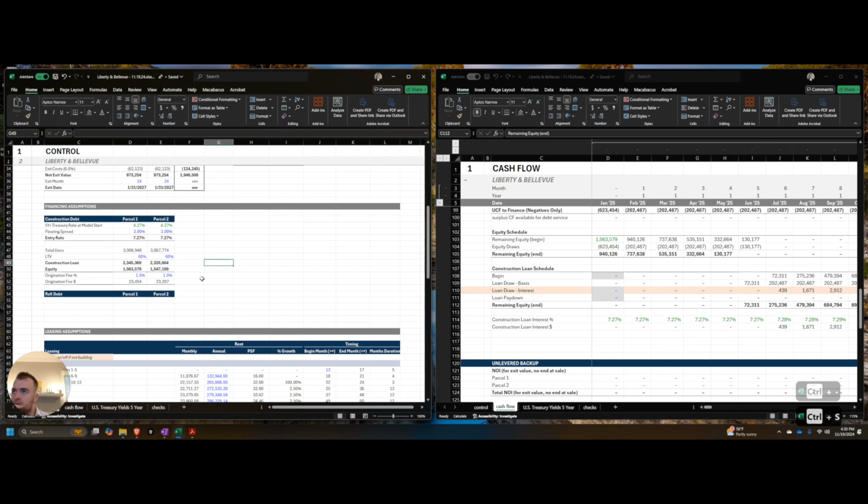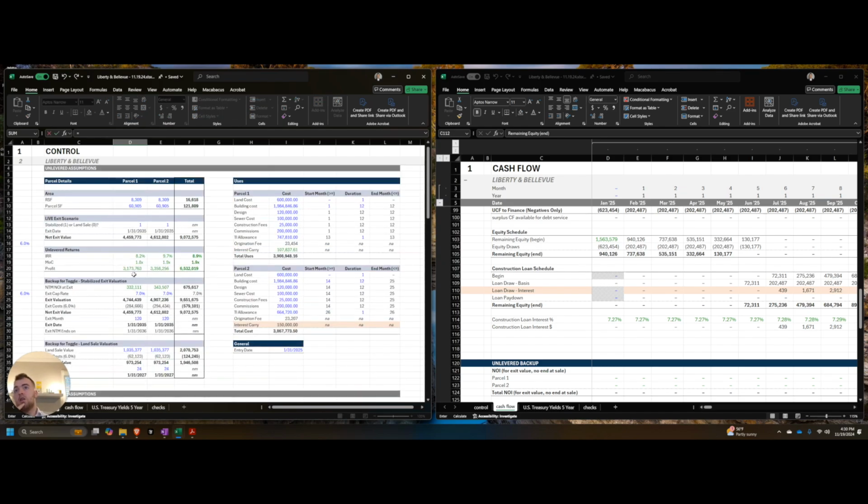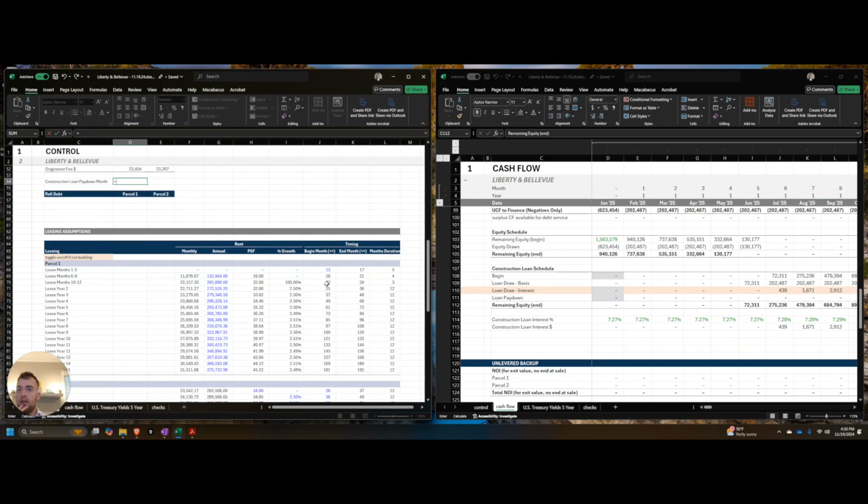The refi debt, yeah, that's what I want to do. Well, I want to do construction loan paydown month. That will be, in my opinion, it should be just whenever you're done with that stupid lease thing.